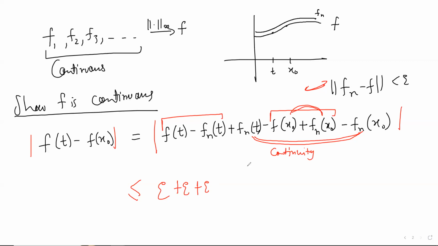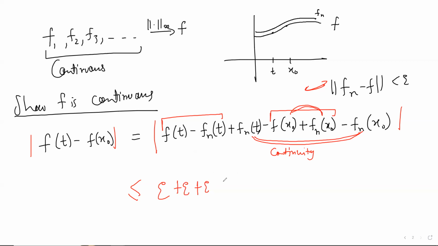There are some problems here, but roughly you see that it's less than 3 epsilon, so you're done. Now you should try to fill in the gaps. Basically, try to go about the proof and see. But you understand the goal.